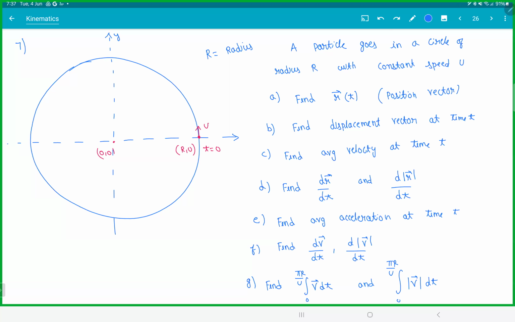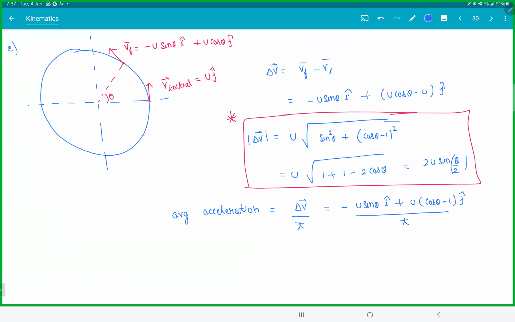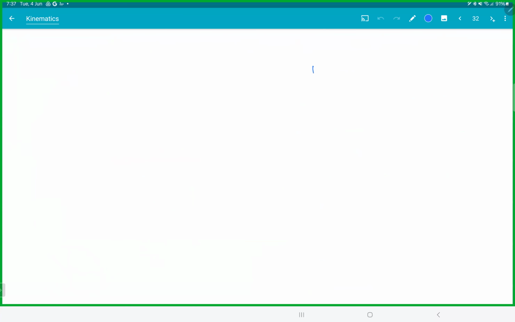Remember, you technically can't do such things. They might work out, but remember this is d by dt. That d by dt is not two terms. This d by dt is an entire thing, an operator. So you can't say it like that. That's a mathematical thing.